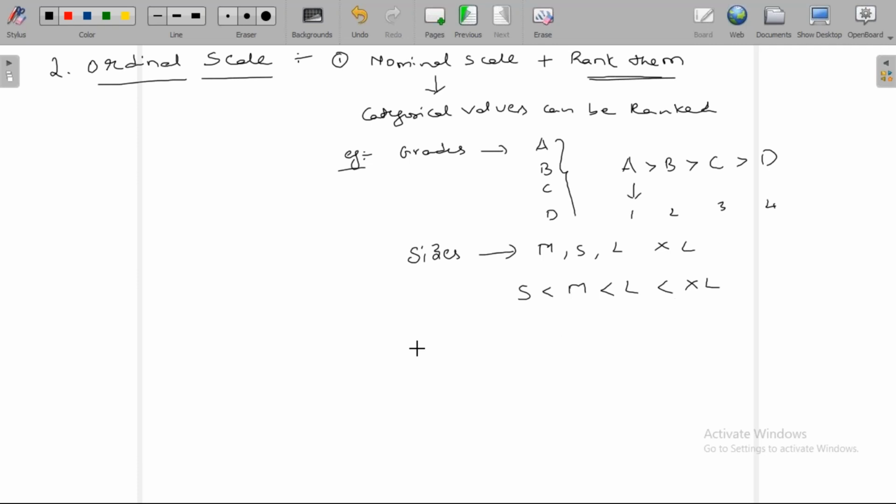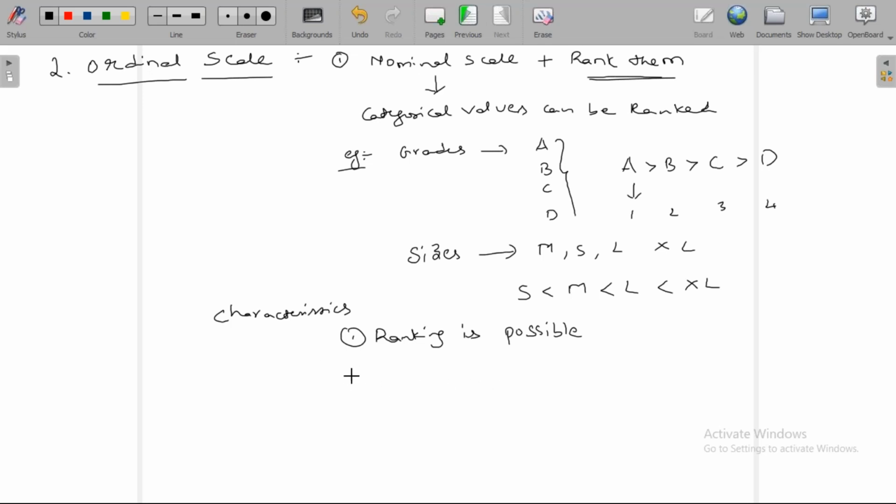Ordering means first A, then B. That is the kind of ordering you require. That kind of things are called ordinal scales. I told you grades, sizes, all these things. In the data set, whenever we see, I'll tell you what kind of things are ordinal. So this is called ordinal scale.